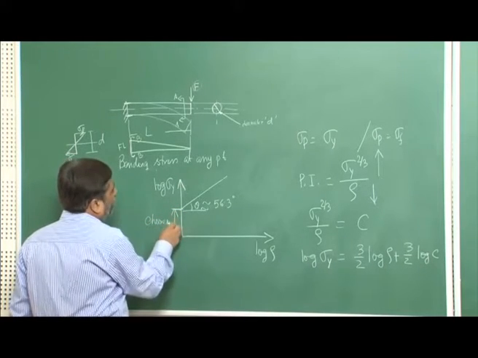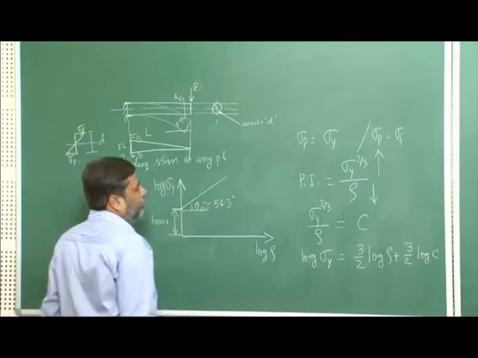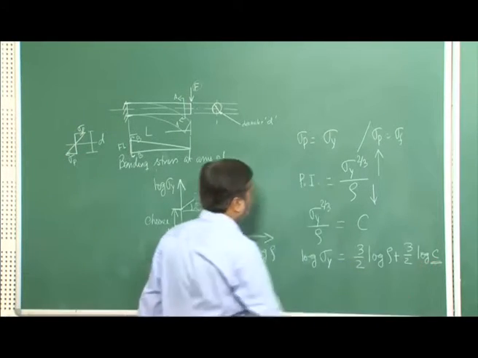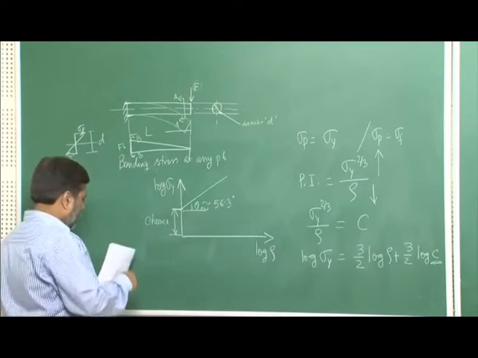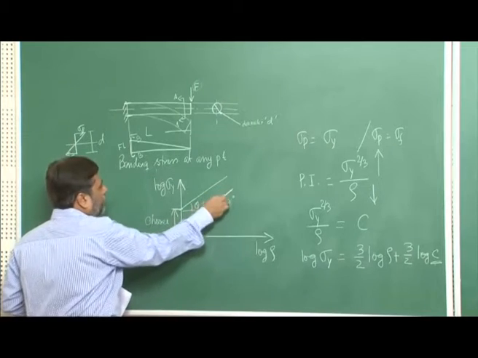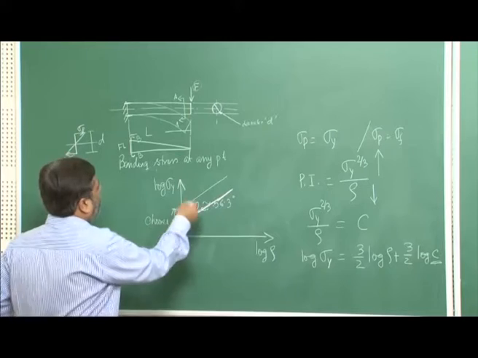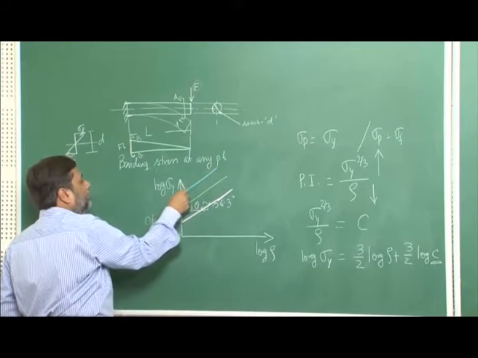But the slope of the line, what it means is that with certain values of c, you can either start from here or you can reduce the margin or you can increase the border.